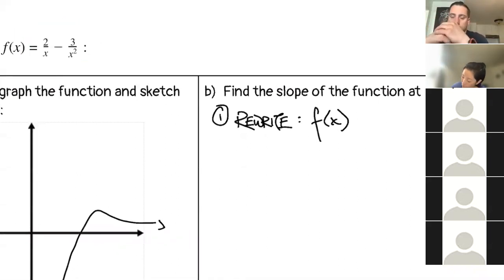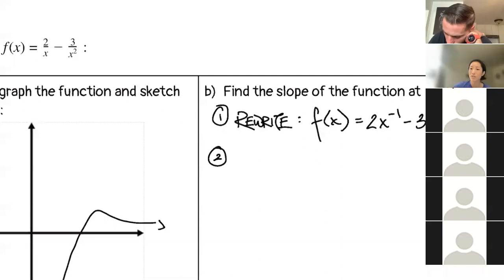It's a little hard to use any of the rules we know. So maybe if we write it as 2x to the negative 1 minus 3x to the negative 2, that actually makes it a little bit easier because we're going to be finding that derivative, right? Now, I know we're in calculus class, so of course it makes sense to find a derivative, but what word in the problem tells us that we need to find a derivative?